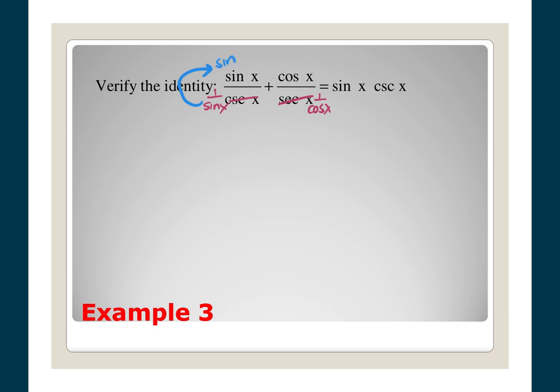So we're multiplying times sine. Bring this to the top, and it becomes its reciprocal function, which is doing the same thing. This becomes cosine. And now I get sine squared x plus cosine squared x. And that is 1.